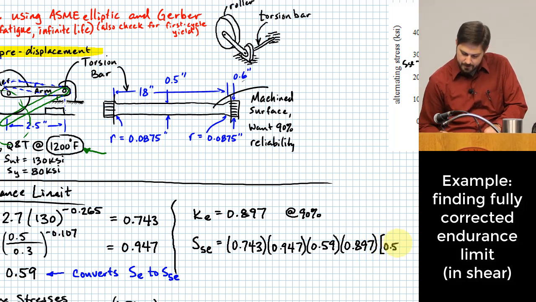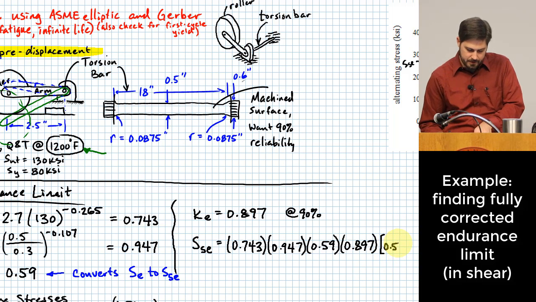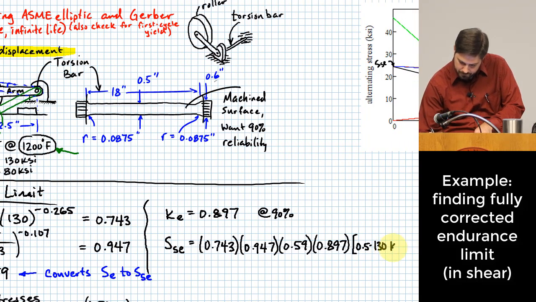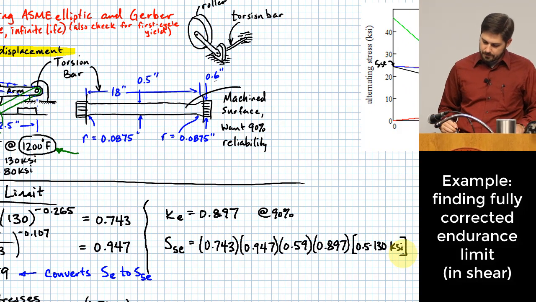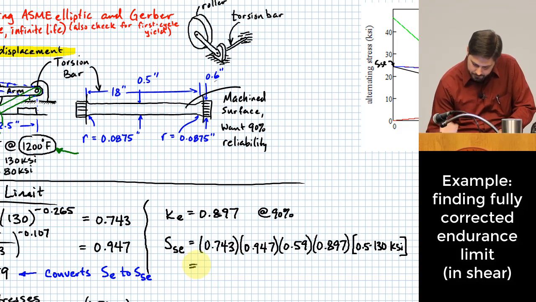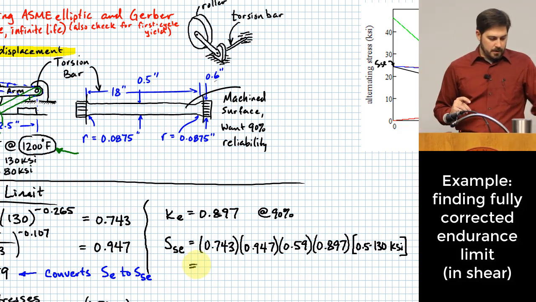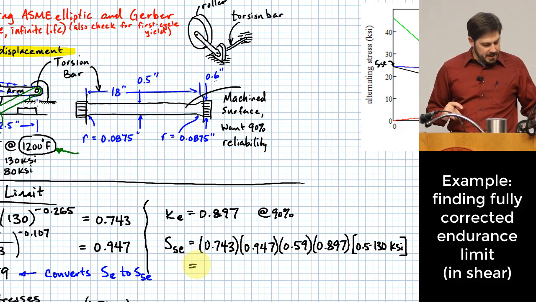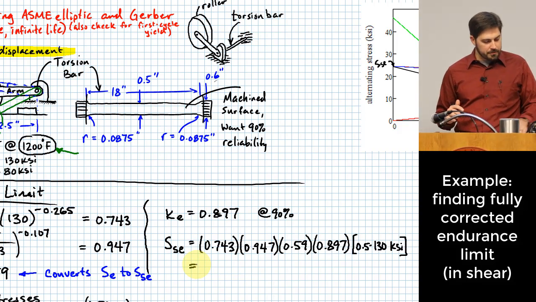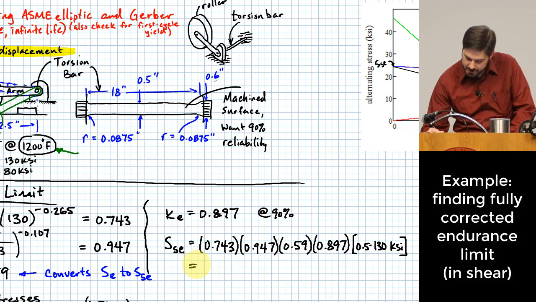Half of 130 KSI. All right, so S sub SE becomes 24.2 KSI.